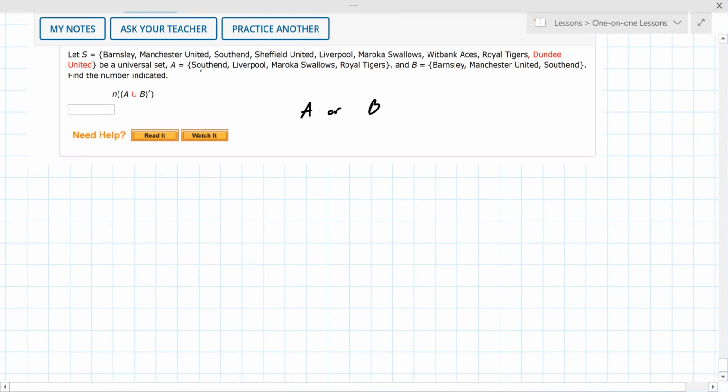So there's Southend, okay, so that's 1. Liverpool, that's 2. That's 3. That's 4. That's 5. And then we just see, is Barnsley new? Yeah, it's new. So that's 6. Is Manchester United new? Yeah, so that's 7. Is Southend new? No. So just 7. There's 7 total, and A or B, that's 7.